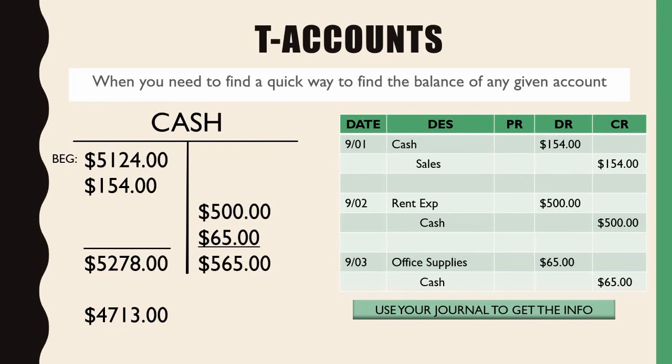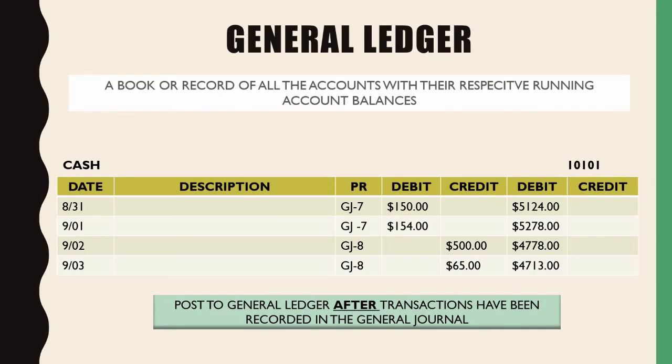If you're on your general journal and you just need a quick sum up of your accounts, write it right there in your journal. But there's actually a proper account book called the general ledger, which gives you access to every single account that exists with their associated running balance.